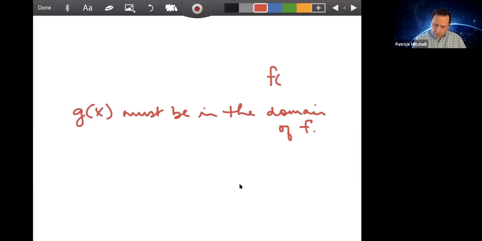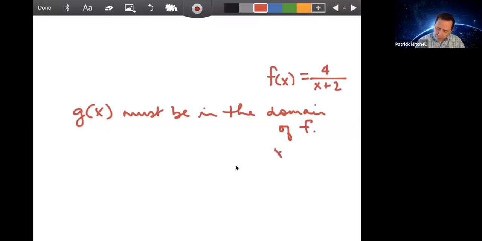Okay, so f of x, I'm going to double check this, I believe f of x was 1 over x plus 2. No, 4 over x plus 2. So the only thing that can go wrong with that is that x plus 2 could equal 0.